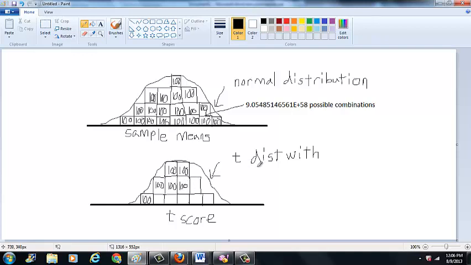And then the shape of this curve would be a t-distribution with 99 degrees of freedom, because 100 minus 1 is 99.